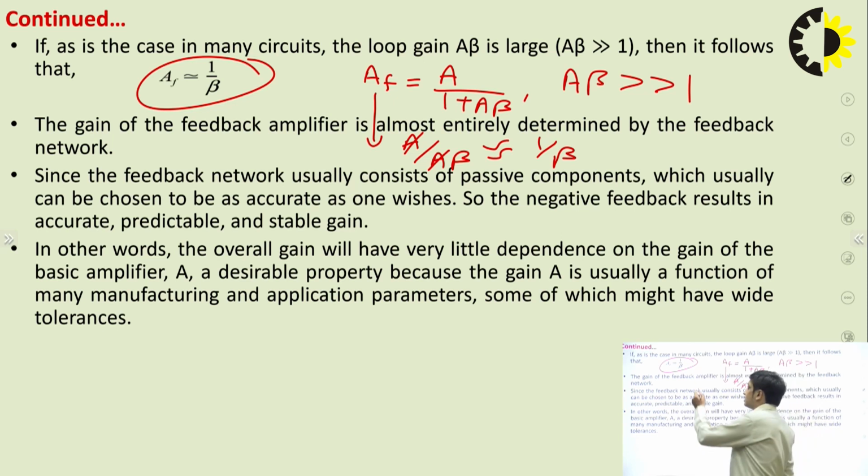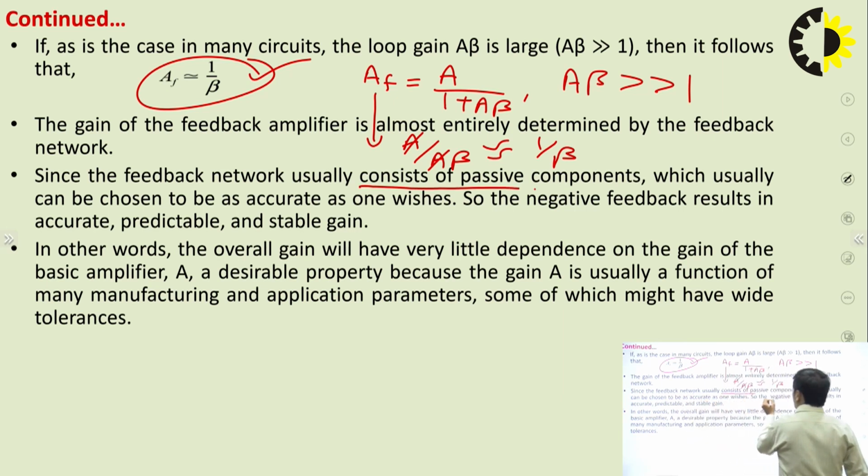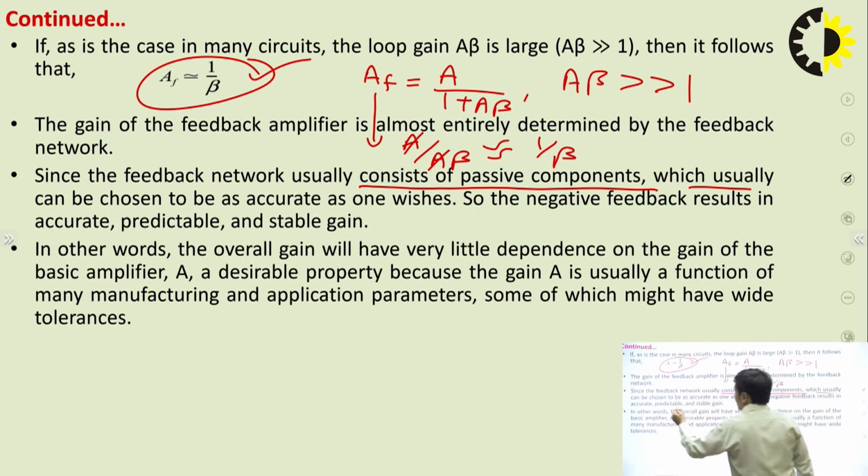So what does this equation signify? AF is equal to 1 by beta. It means that the gain of the closed loop system depends upon the feedback network. That is a good thing, because the feedback network consists of passive components, that is resistor, capacitor and inductor, which usually can be chosen to be as accurate as one wishes.